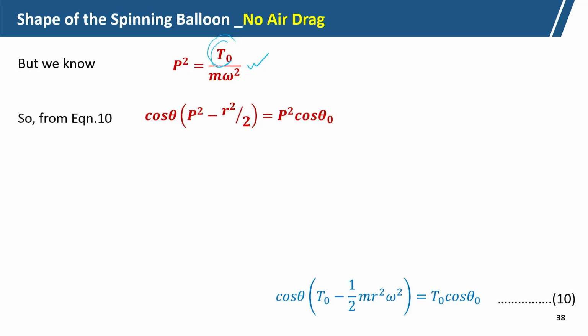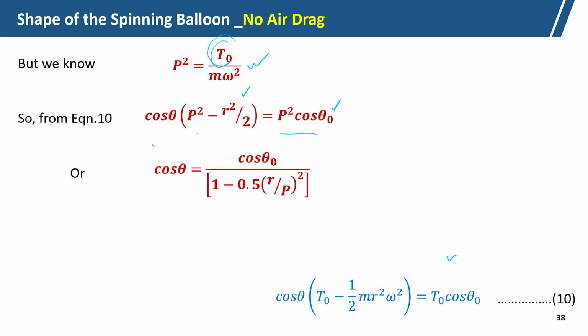So, equation number 10 becomes cos theta times P square minus r square by 2, just replacing this from equation number 10, equal to P square cos theta 0.